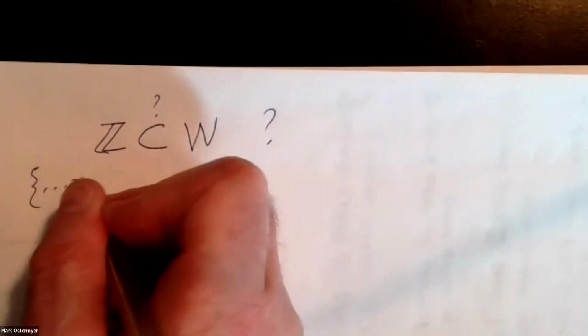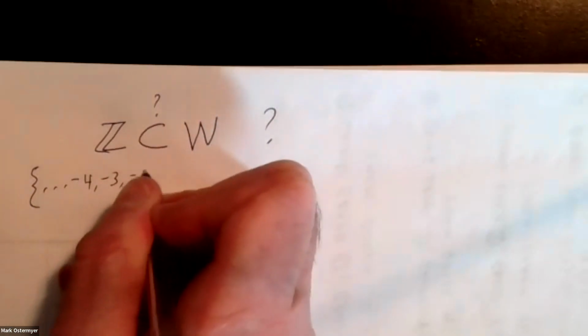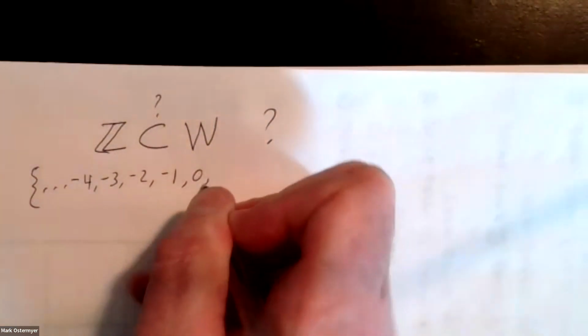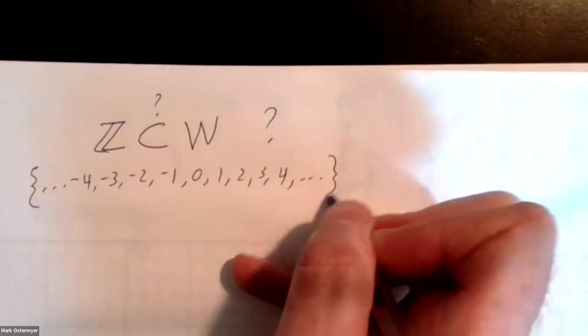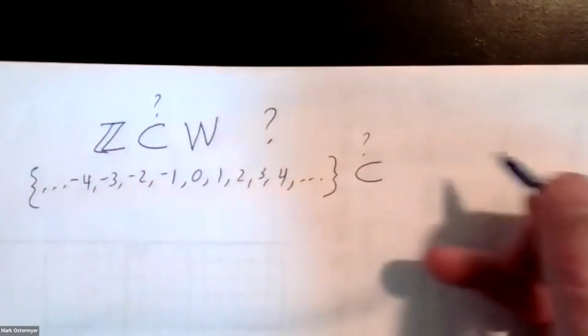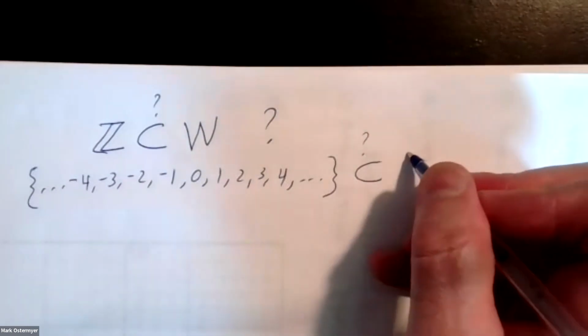In other words, is every integer, and there's an infinite number of them, also a whole number? Is it true to say the set of integers is a subset of the set of whole numbers?